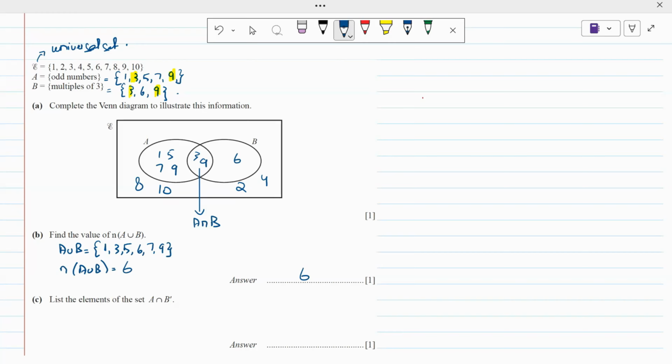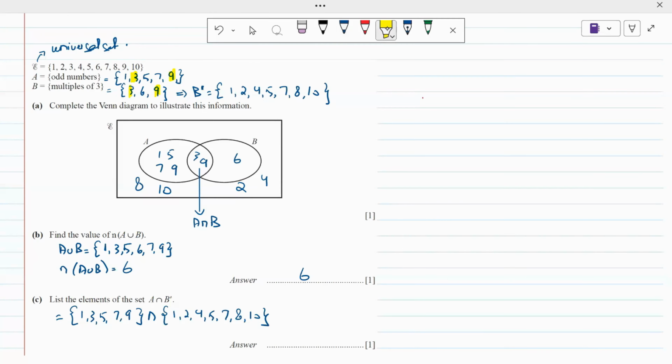List the elements of A intersection B complement. For that, you write the elements of A first: 1, 3, 5, 7, 9. Then B complement: the elements are 1, 2, 4, 5, 7, 8, 10.